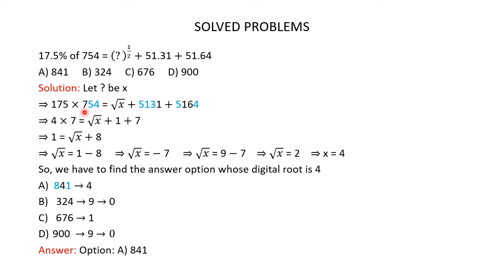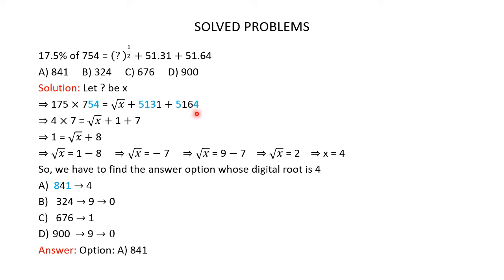Now find the digital root of all these numbers. 1 plus 7 is 8, 8 plus 5 is 13 and 1 plus 3 is 4. So 4 is the digital root here. Here 5 plus 4 is 9, you can ignore these two digits. So the digital root here is 7. Here 5 plus 1 plus 3 is 9. So the digital root here is 1 since you can ignore these three digits.